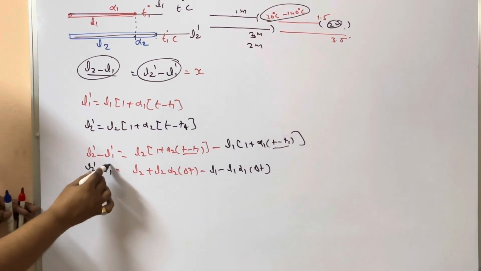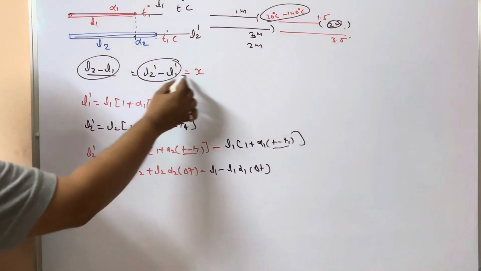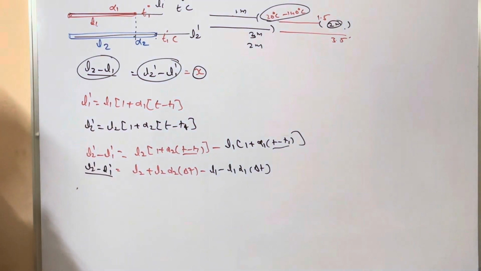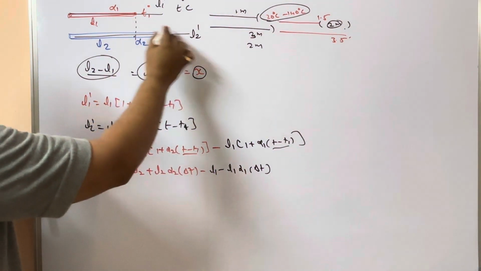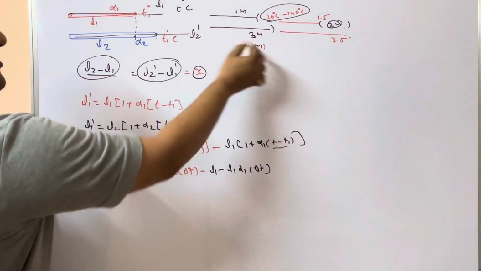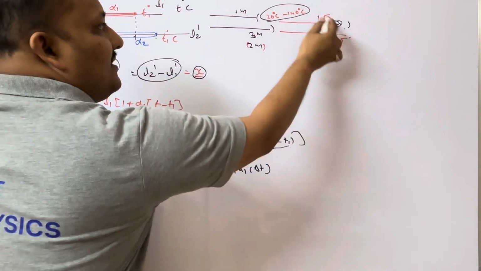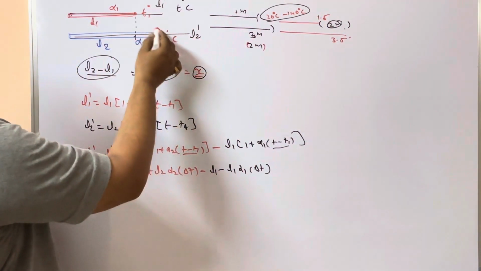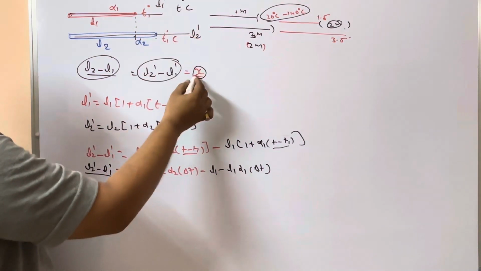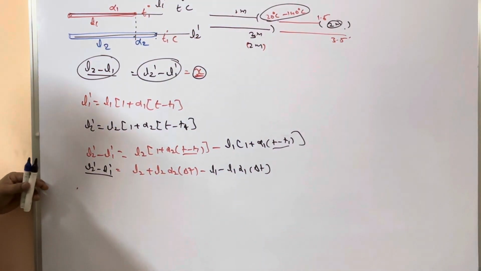Now, what is L2 dash minus L1 dash? The increase in length, that is going to be X. What is that increase in length? 3 minus 1, that is 2 meters, L2 minus L1. And 3.5 minus 1.5, L2 dash minus L1 dash, that is also 2 meters, X.